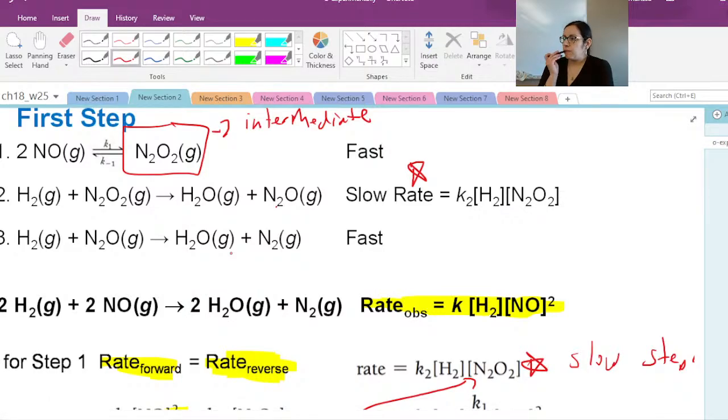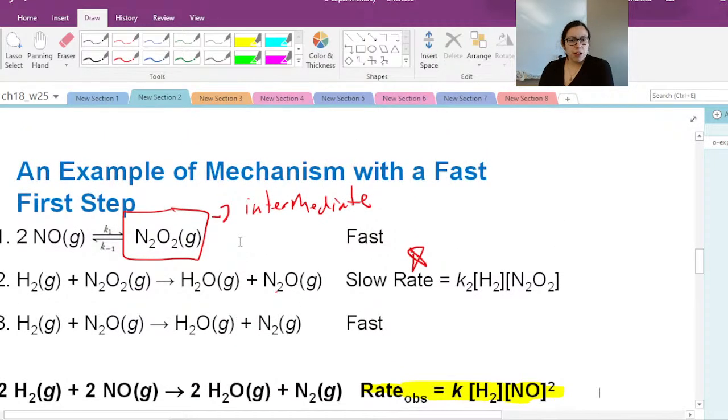I'm still trying to get it. Yeah, because remember, the N2O2 is your intermediate. And not only that, it does matter here. So it is part of this rate determining step. But then the question is, how do we get the concentration of N2O2?